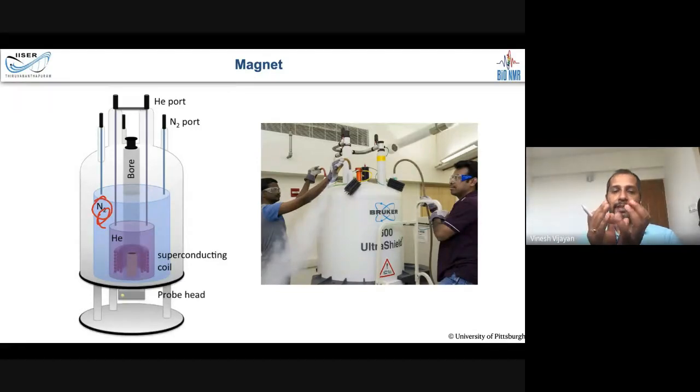There are multiple flasks here. The inner flask has liquid helium, the outer flask has liquid nitrogen, and the outside of everything is covered in vacuum.